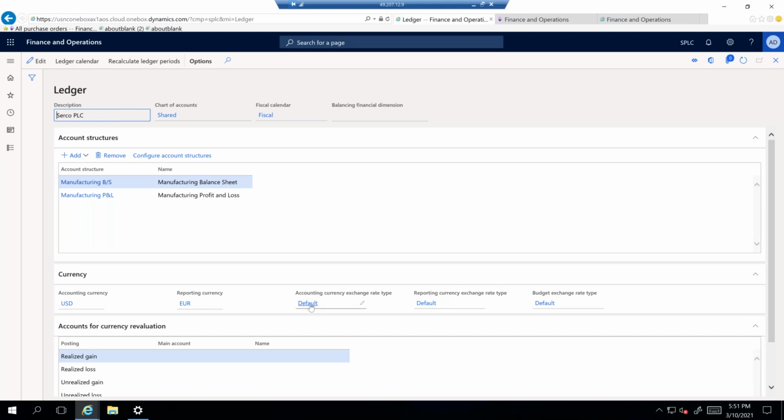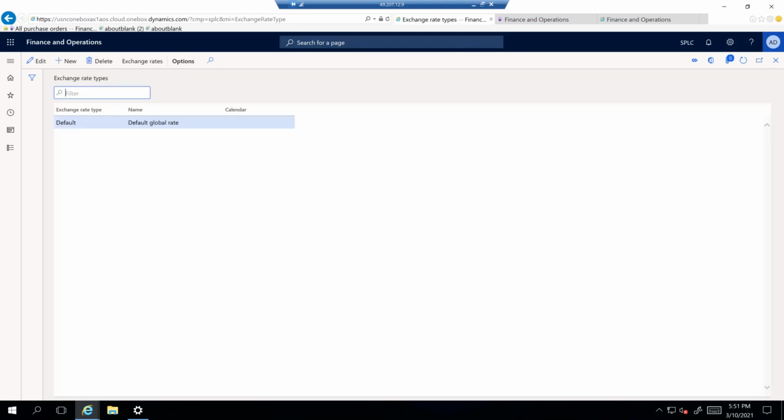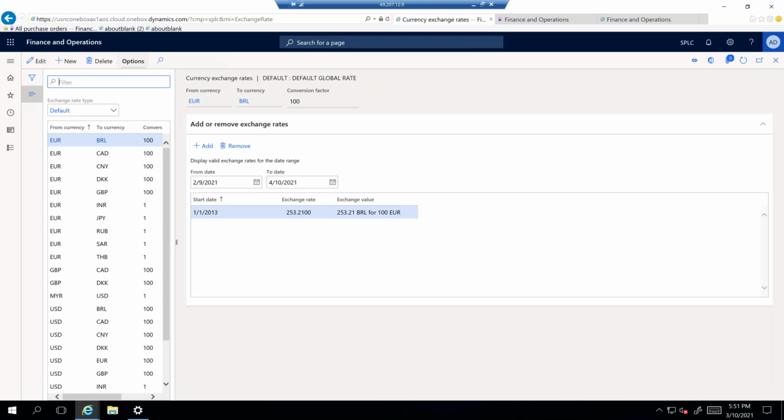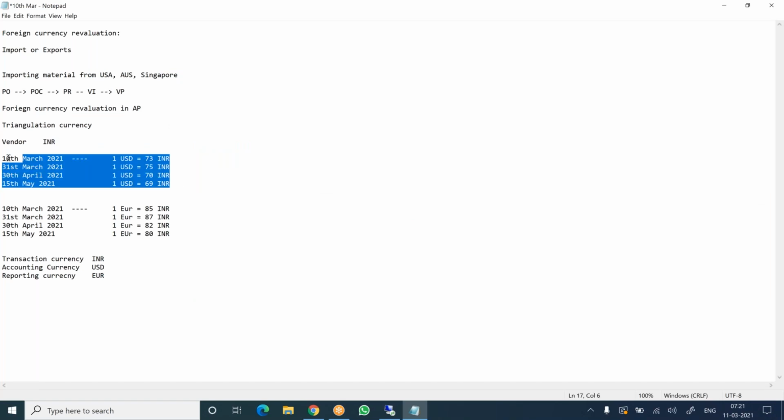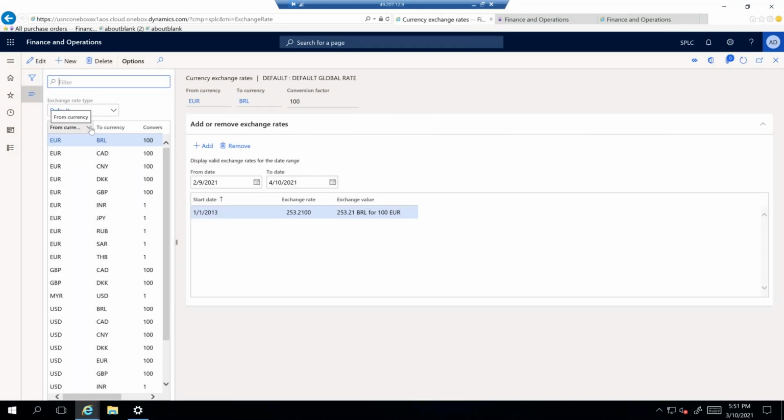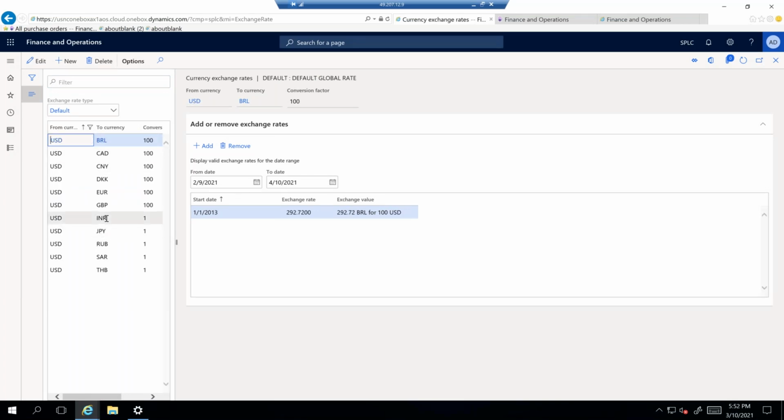So you need to go to the accounting currency exchange rate and exchange rates. You need to filter. Our accounting currency exchange rate is this one, USD versus INR. So let me filter by US dollars, USD versus INR.